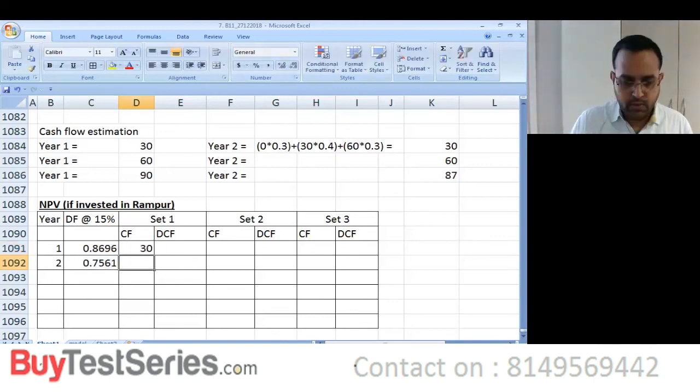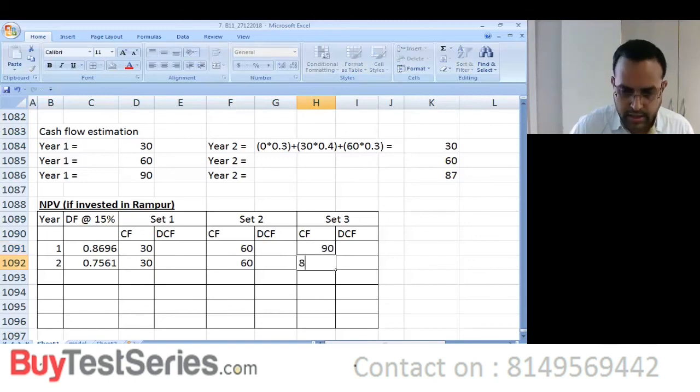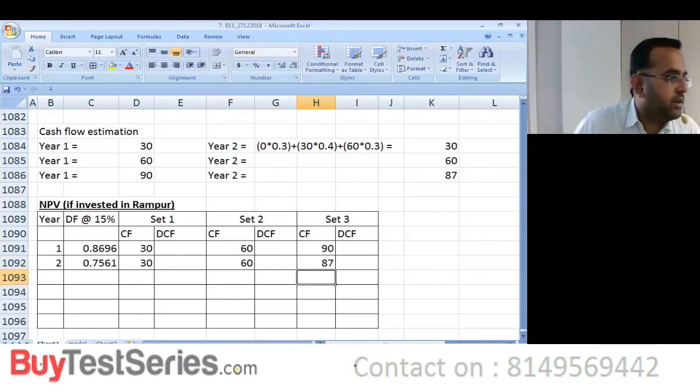The first set of cash flow is 30-30. Second set is 60-60. And third set is 90-87. Correct?